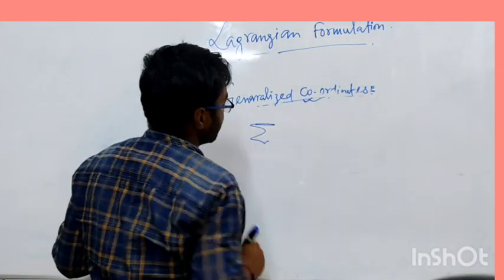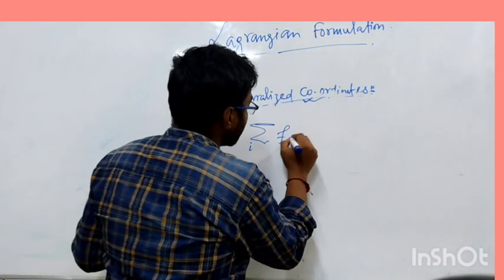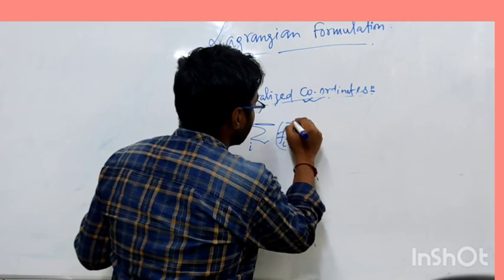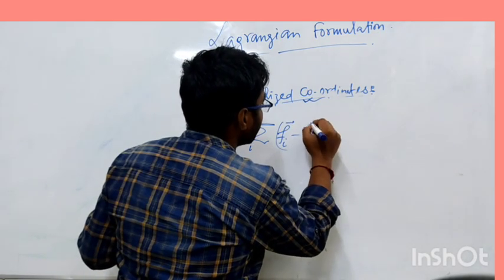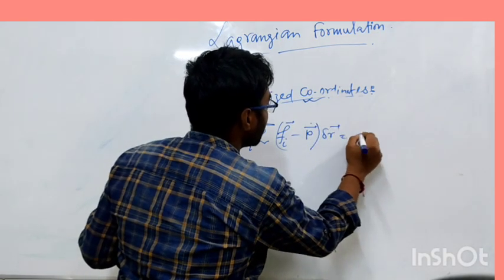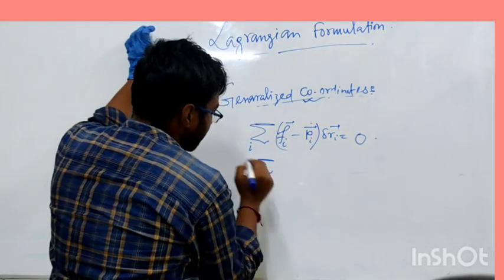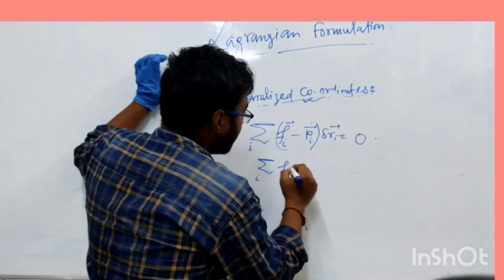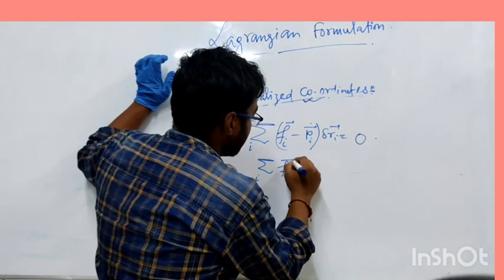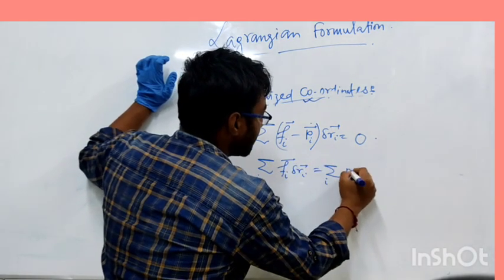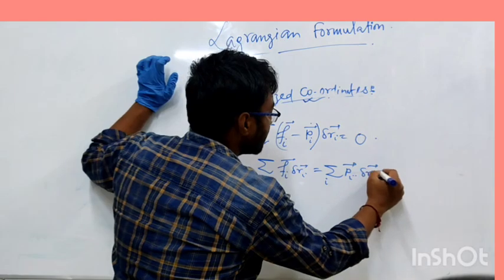D'Alembert's principle means summation over i of (Fi minus Pi dot) del Ri equal to 0. So we can write summation over i Fi del Ri equal to summation over i Pi dot del Ri.